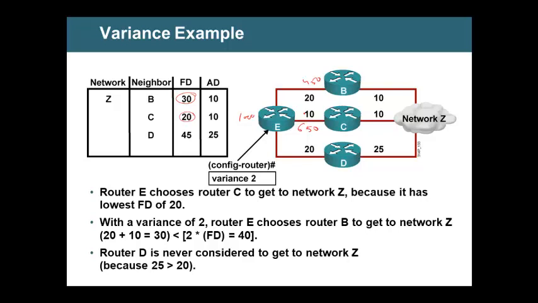The path with better metric means more bandwidth, more packets should be sent. So the path via C will take more traffic than the path via B. Is this understood? All right, this we need to do the lab and see. We'll do this in the next class.